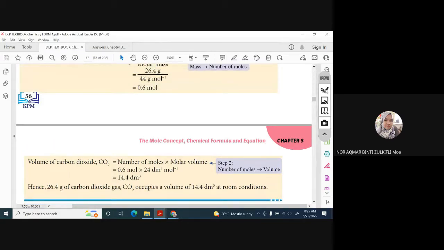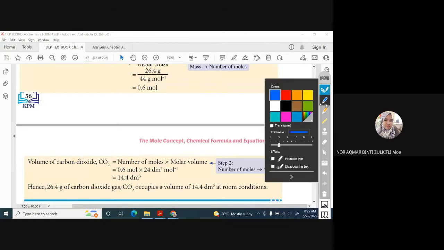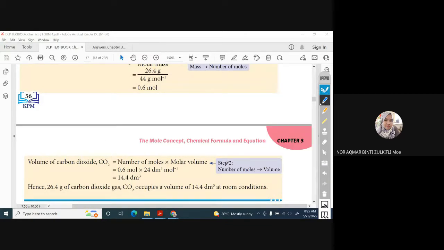Okay, once you have the number of mole, step 2, since we have the number of moles, we can find the volume by using the formula.